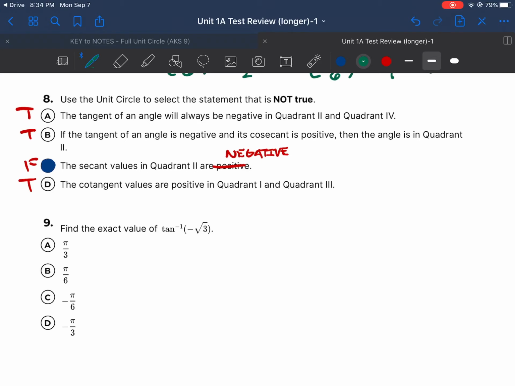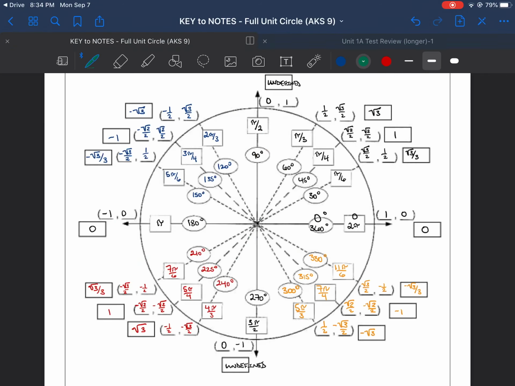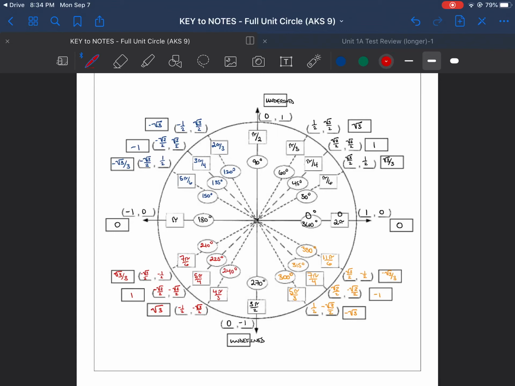So we're looking on the restricted domain, negative pi over 2 to positive pi over 2. So think back to our unit circle here. Negative pi over 2 is down here, and positive pi over 2 is right up here, and we want to look at every angle in between.